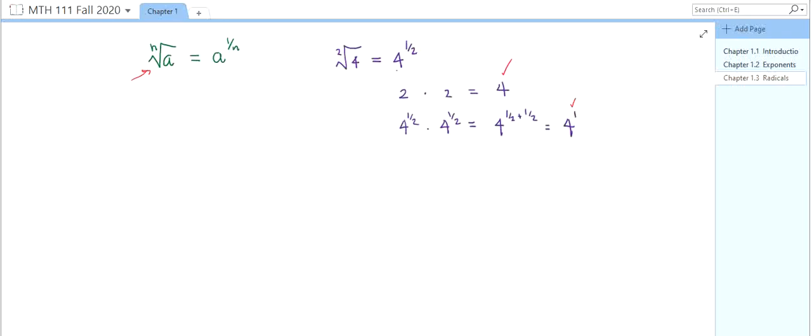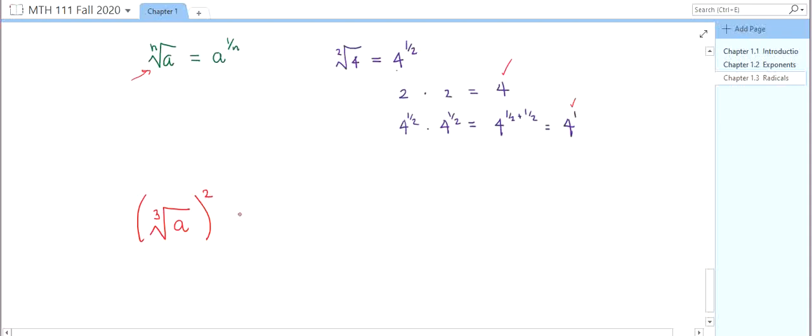Because you might have more operations going on, and for example, you could have something like a to the cube root of a, but then you want to square this. Well, what does this equal? Looking at it in the symbol like this, it can be a little tricky to see what that represents.